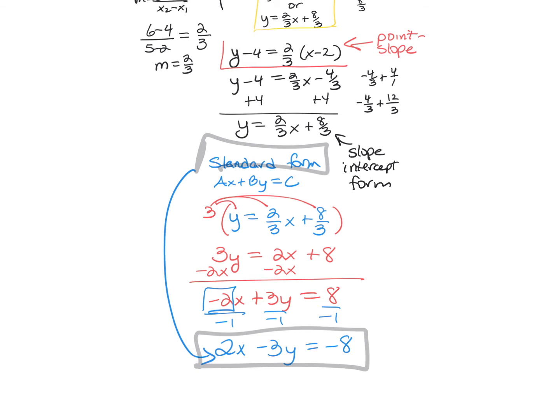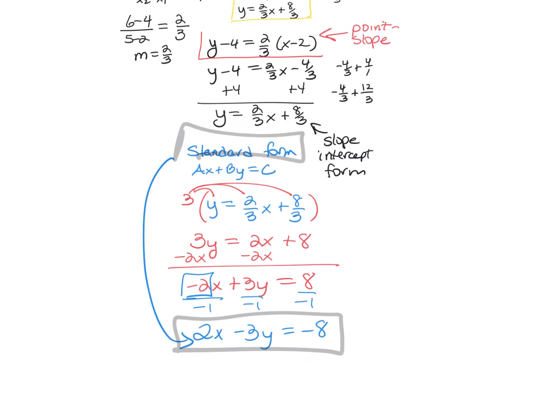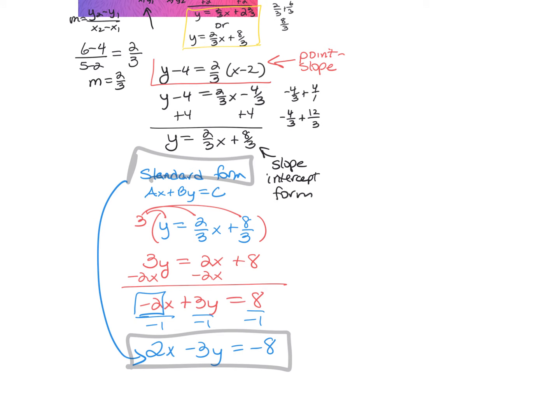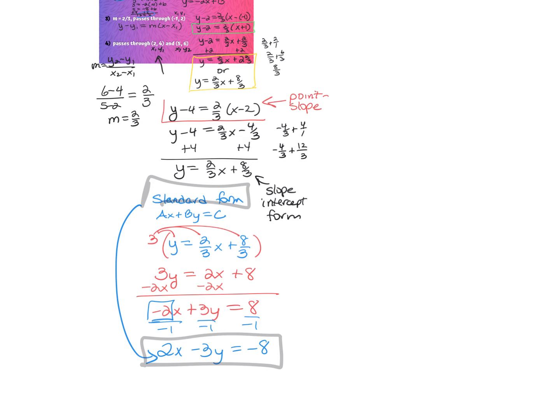Now, one other thing before I move on about horizontal and vertical lines, let's say the given information was this. Instead of number 1, where they just said m equals 3 and y-intercept equals 5, let's say instead they said given m equals 4 and through this order pair.